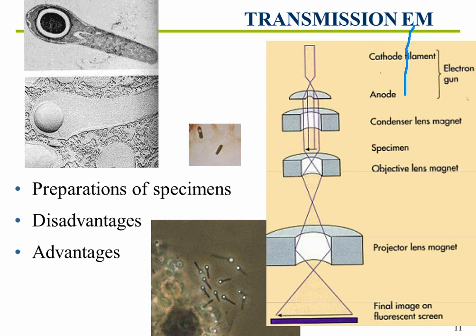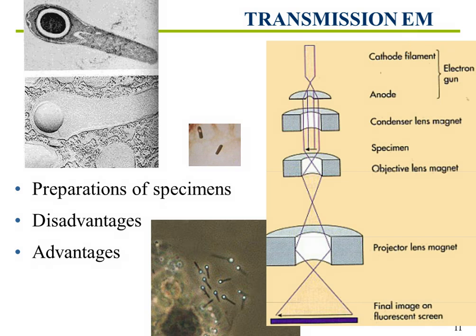Which means that then your specimen is totally dead. You're looking at dead things. Obviously, you can use a light microscope to look at live things, so that's a limitation. Also, the TEM is way larger than a scanning EM, and you really need to know what you're doing because it's much more complicated than a scanning EM.